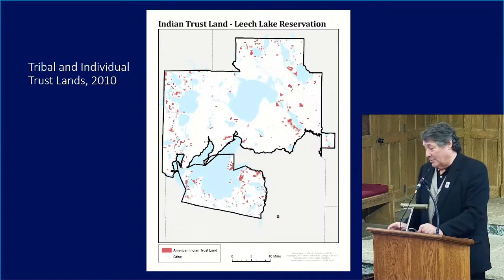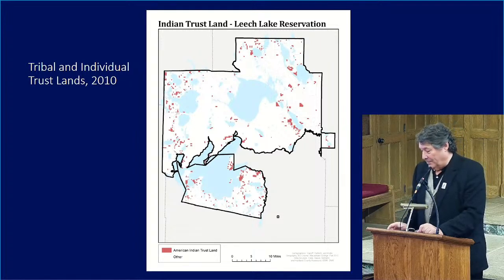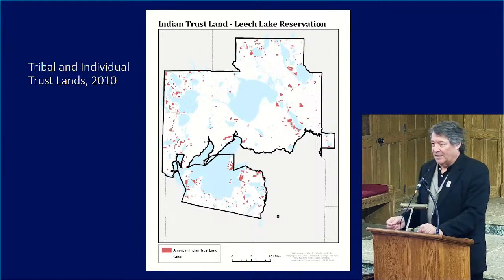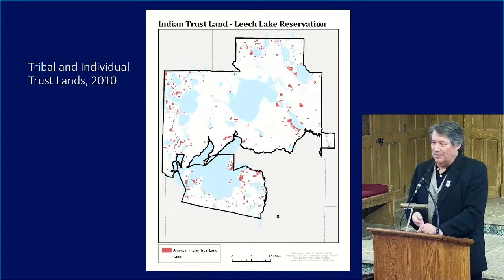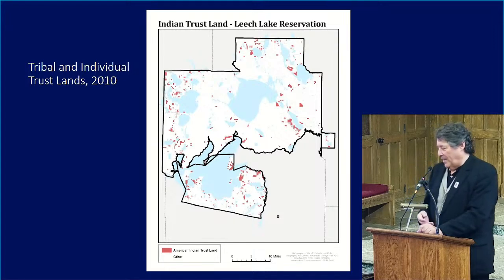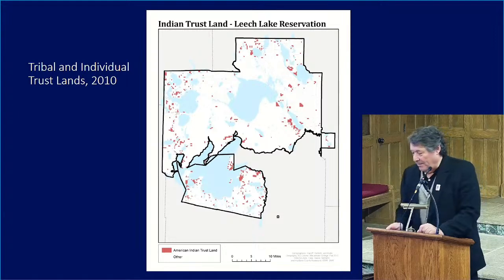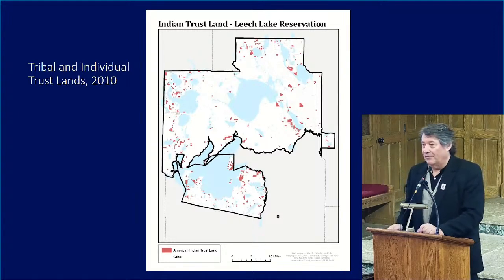We helped them through some research to go to Congress and get 17,000 acres of the national forest back. But that grew their ownership from 4% to about 8%. The rest has been alienated from Indian ownership, management, and control.